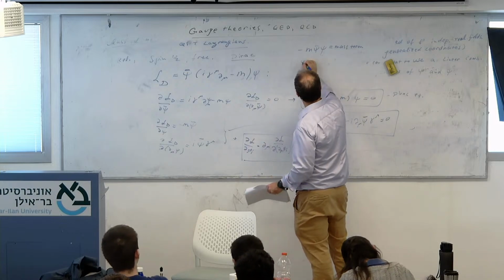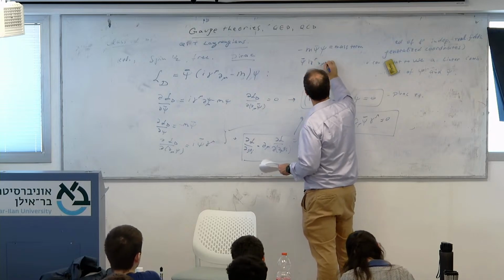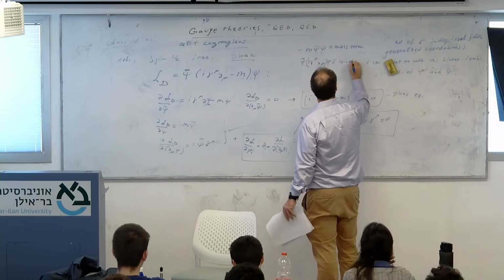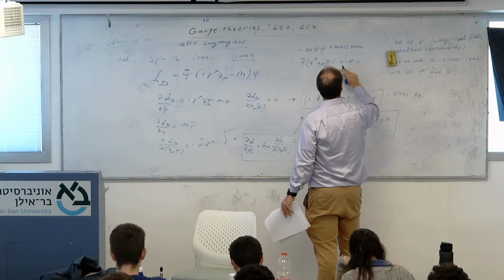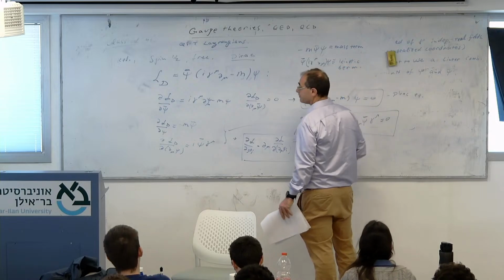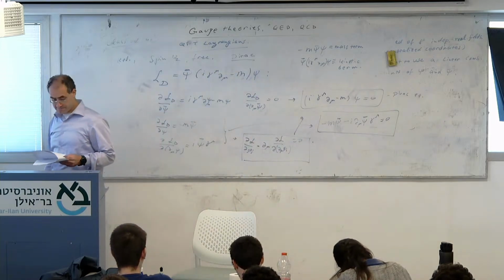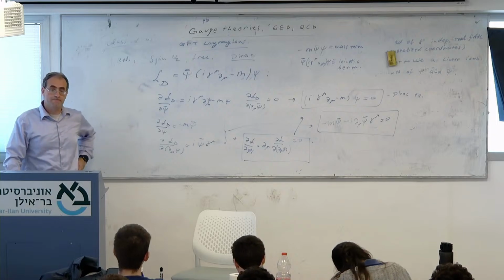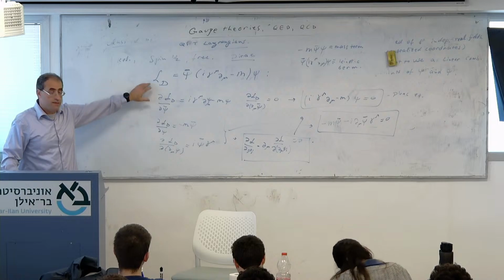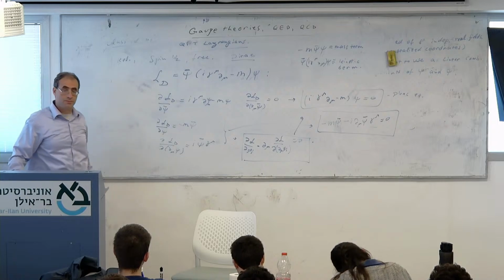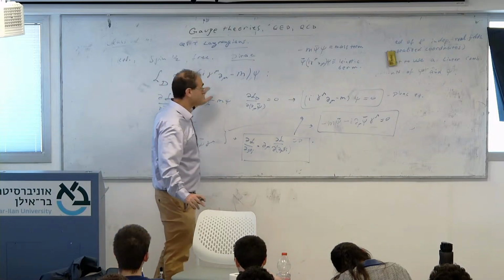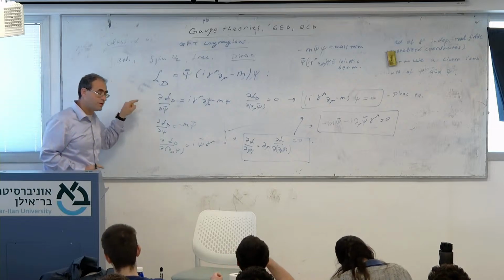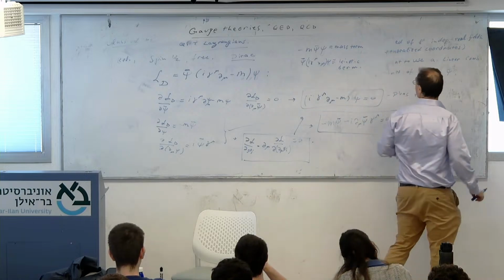And then we have psi bar i gamma mu d mu psi, which is the kinetic term. Yeah? All these terms appear. This term does appear in the standard model Lagrangian, as opposed to the Klein-Gordon, which does not appear. It's the first time we're introducing a term that actually appears in the standard model.